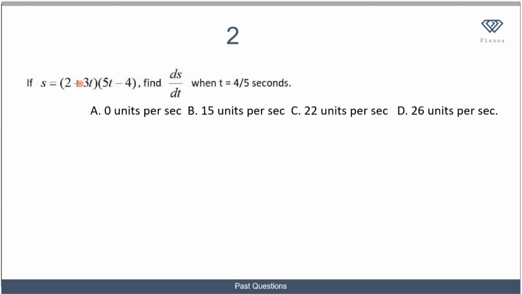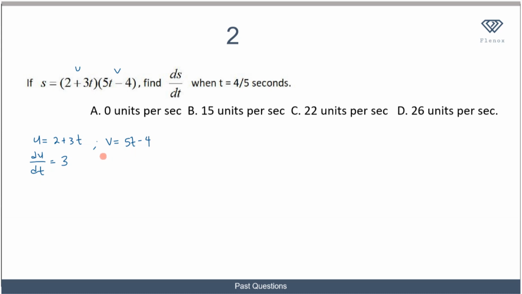In the product rule, I equate this term over here to u and this term over here to v. So I have my u equal to 2 plus 3t. So my du over dt becomes what? 2 becomes 0, 3t becomes 3. And I say my v is equal to 5t minus 4.